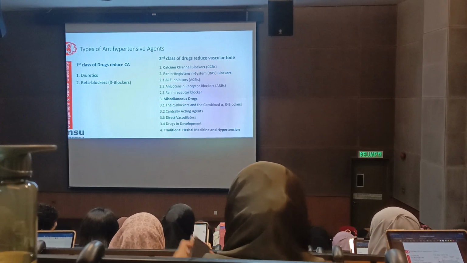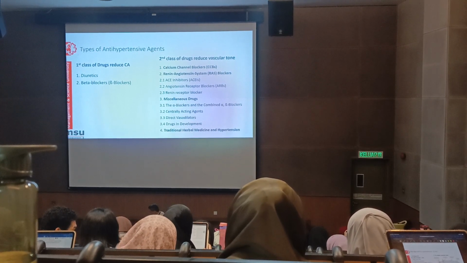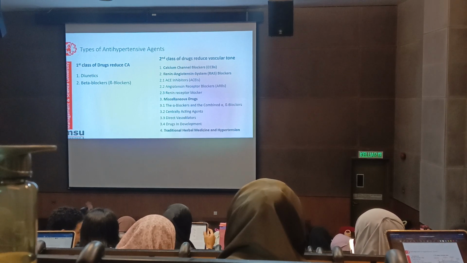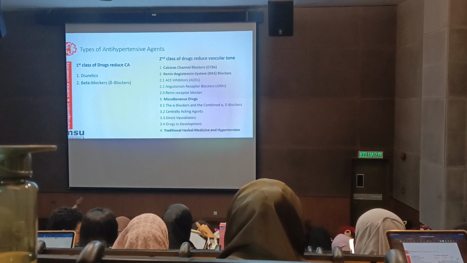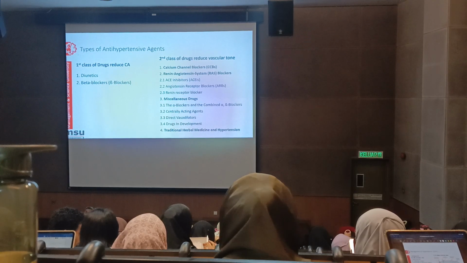Now we come to the main one, our objective for our learning outcome topic today. We have the classes. You can see how many classes. I put so many classes based on the pathophysiology.